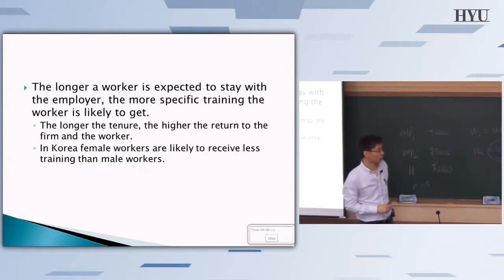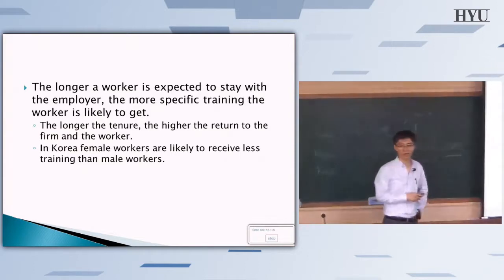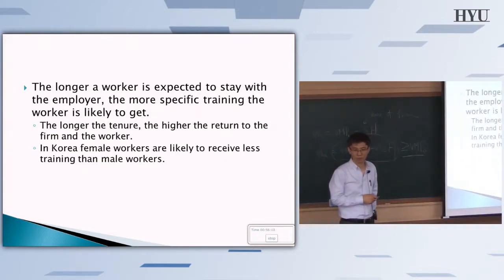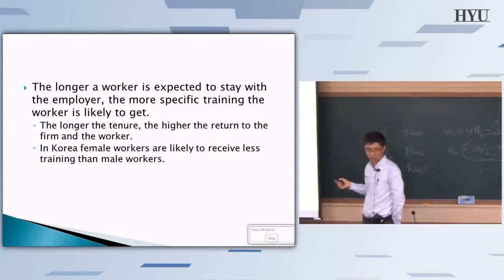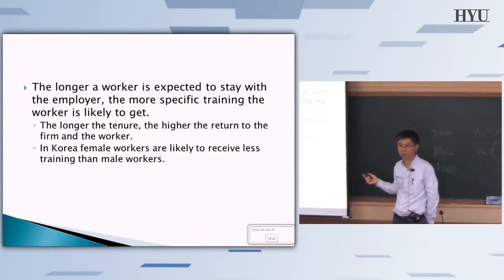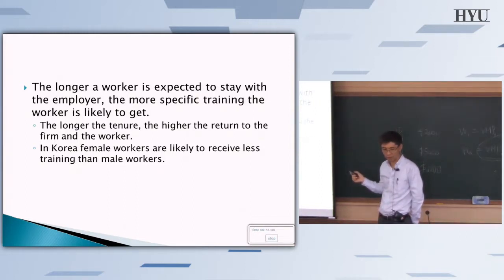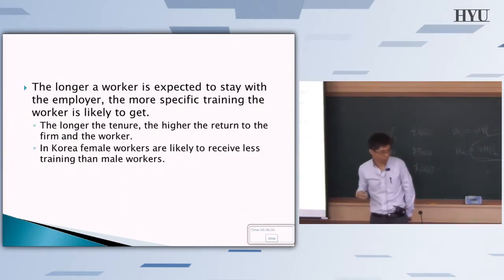So the employer may think it's safer, or more profitable, to train male workers than female workers. In general, female workers are likely to receive less training than male workers, simply because the employer thinks that training male workers pays more than training female workers. Actually, this has a very, very serious long-term consequence on female workers' income. I will show you later.